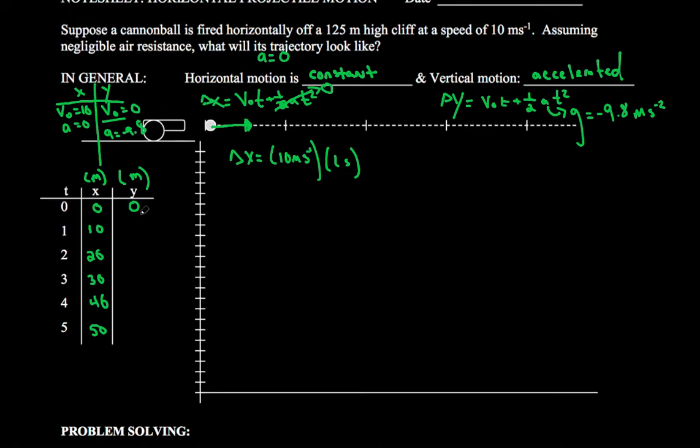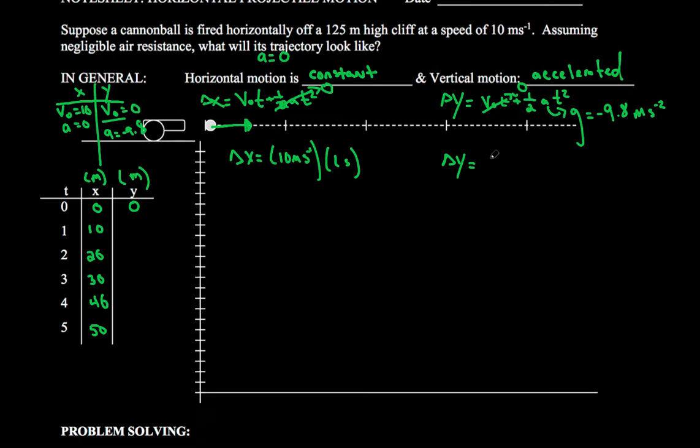Now in the y direction, since it's falling downward, my position is going to be the initial velocity, which for a horizontal projectile is 0. That's actually the definition of a horizontal projectile.